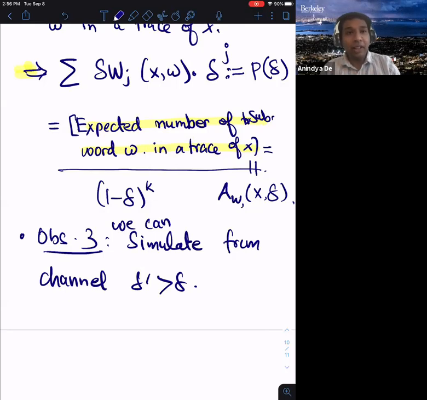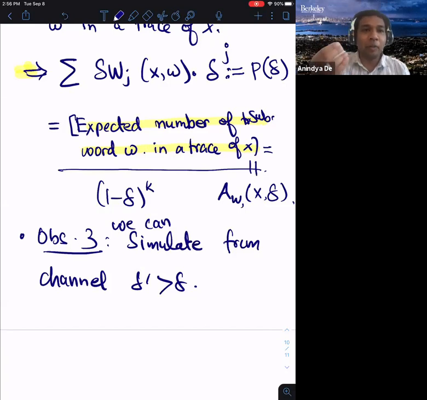Suppose I got the exact values of AWX delta. Then I have an evaluation of P delta. We observe that we can simulate values, so I can also get P delta prime for delta prime greater than delta. If I had the exact values, I could have just done polynomial interpolation. I have the value of P delta.